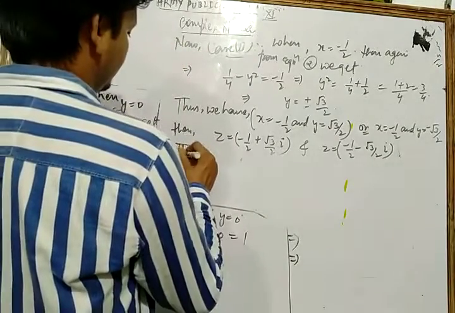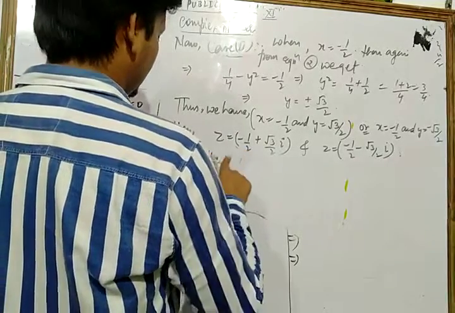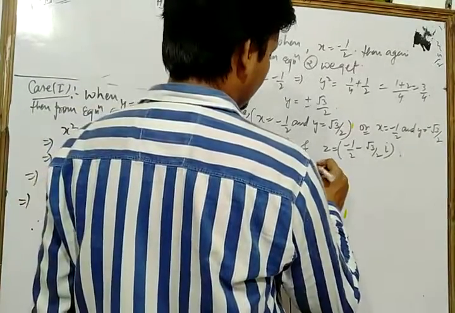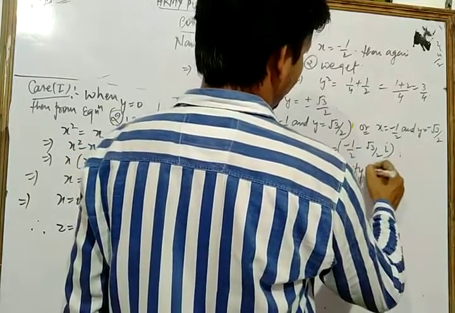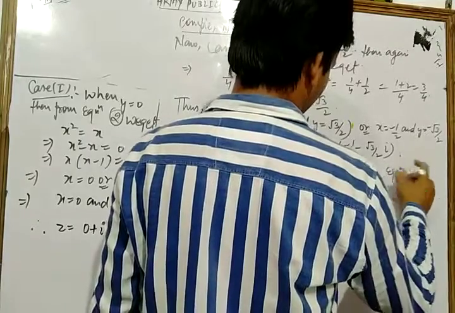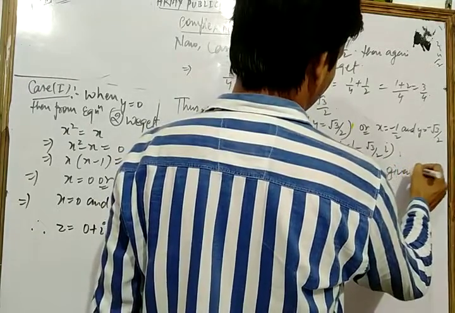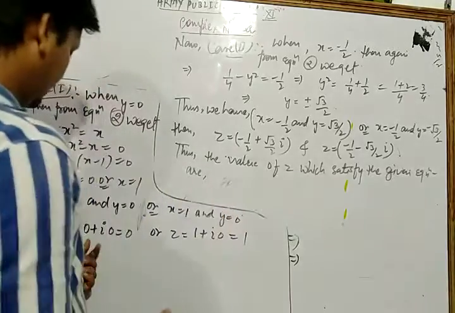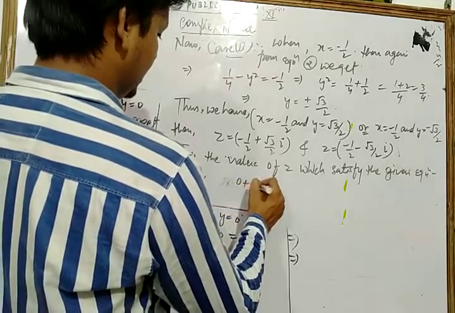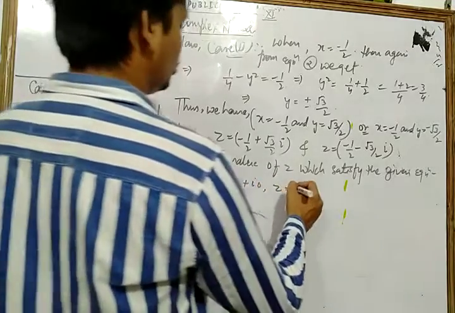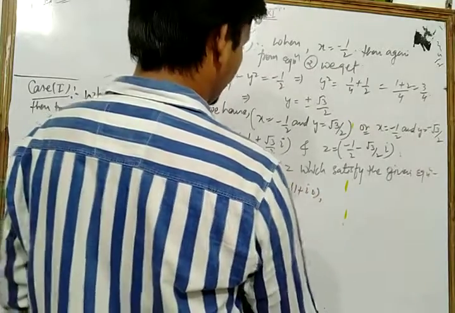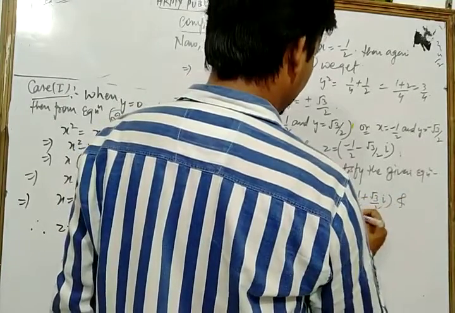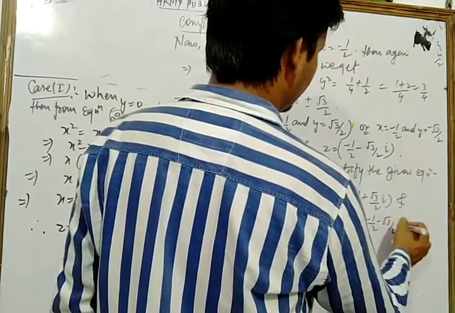The values of z which satisfy the given equation are: first z is equal to 0 plus i0, second z is equal to 1 plus i0, third is minus 1 by 2 plus root 3 by 2 into i, and finally z is equal to minus 1 by 2 minus root 3 by 2 into i.